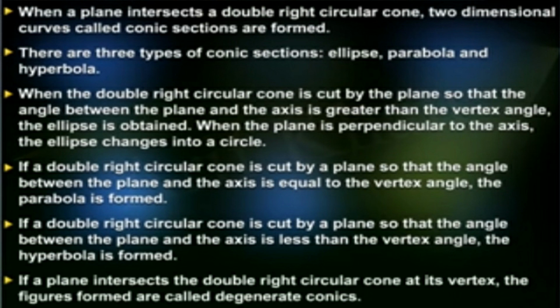If a plane intersects the double right circular cone at its vertex, the figures formed are called degenerate conics. Then we obtain a point, a line, and two intersecting lines.